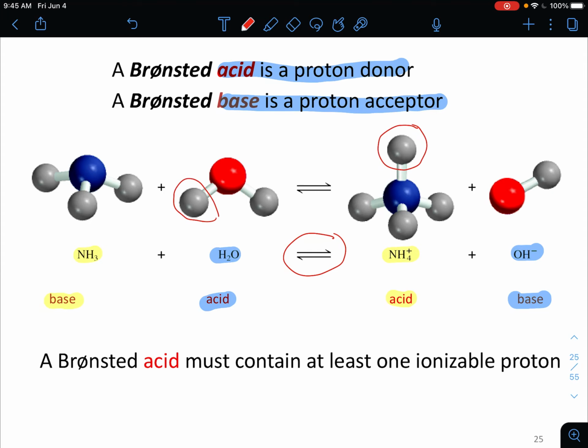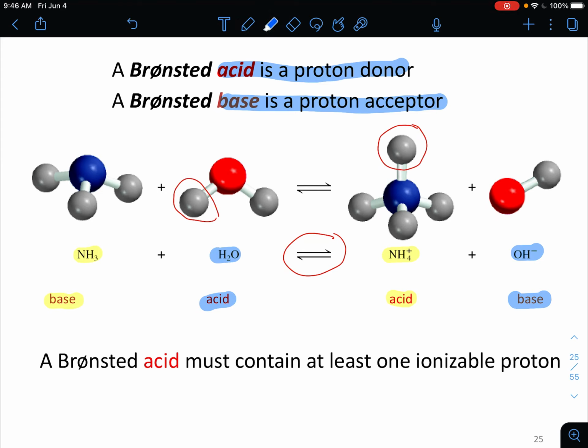So going right to left, NH4 plus is donating its proton, so it's acting as the acid. And again, going right to left, hydroxide is receiving that H plus, so it's behaving as the base. So in an acid-base reaction, we're really monitoring the movement of the proton, of the H plus ion, and we can see that in order to describe what's going on.